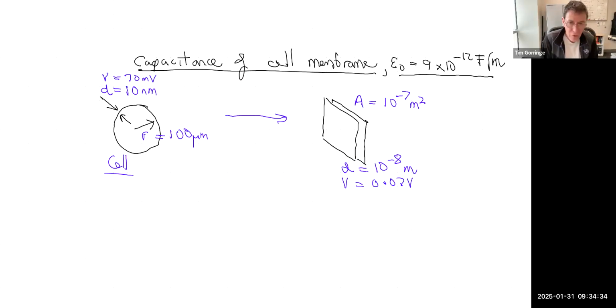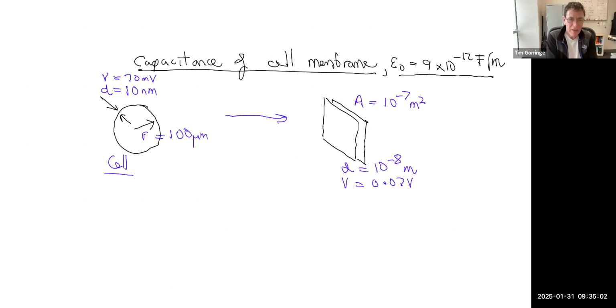Now I'm going to abstract the spherical capacitor to a parallel plate capacitor, because we know some formulas for a parallel plate capacitor. In particular, we know the formula for the capacitance of a parallel plate capacitor in terms of the area of the capacitor and the separation of the plates. What I'm effectively doing in this abstraction, you might wonder how I can do this.